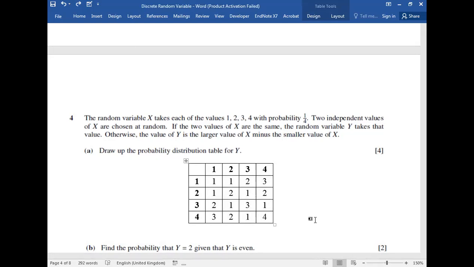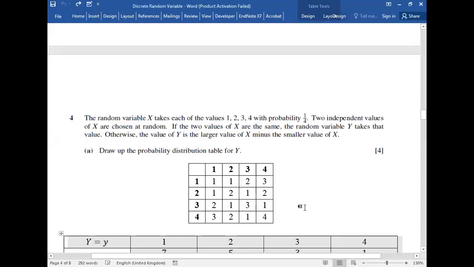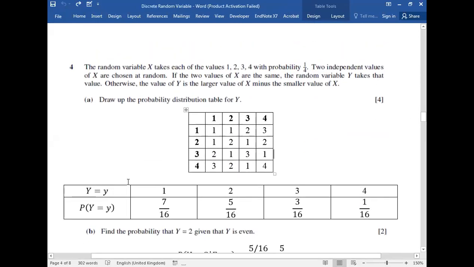Now, make a probability distribution table. What is the probability that I get the value y as 1? 6 over 16. First, this is how the probability distribution table must look like.